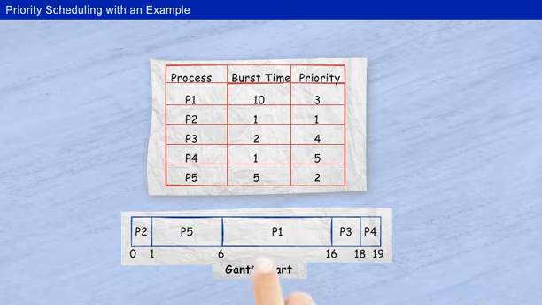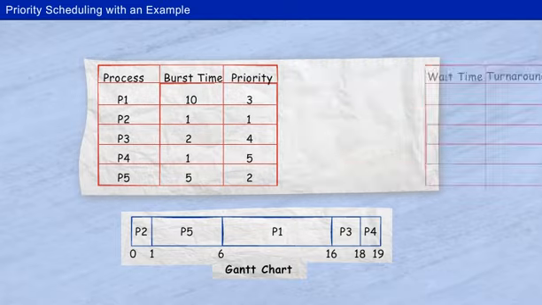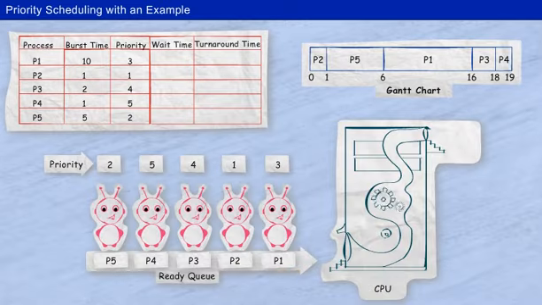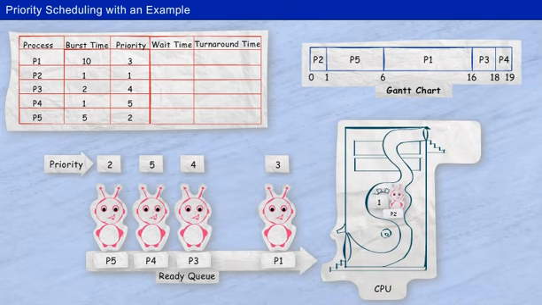The processes from the ready queue can be scheduled using priority scheduling as shown in the Gantt chart. First, priority scheduling allocates the CPU to process P2 as it has the highest priority, that is 1.